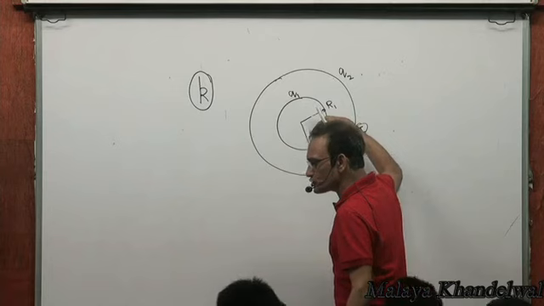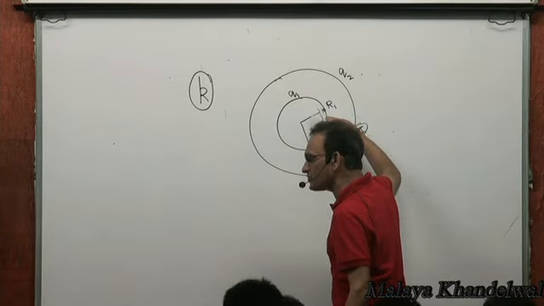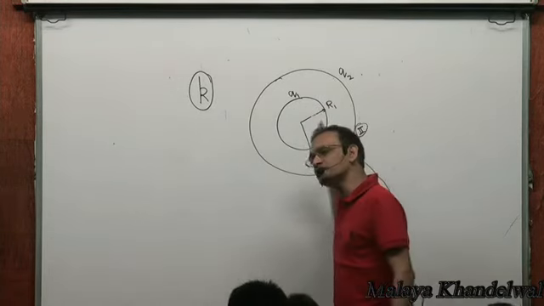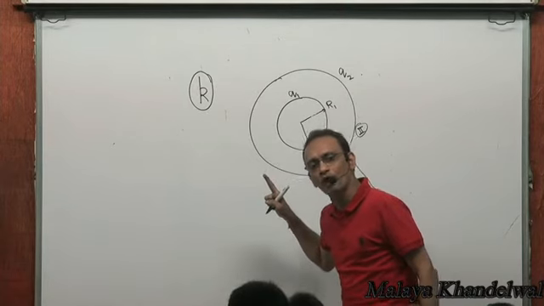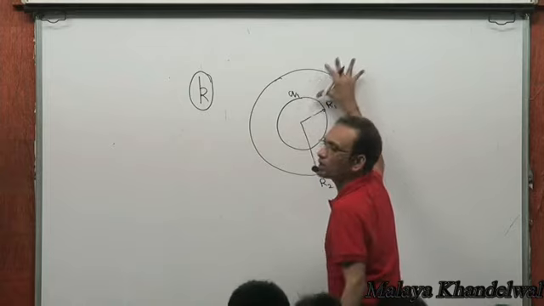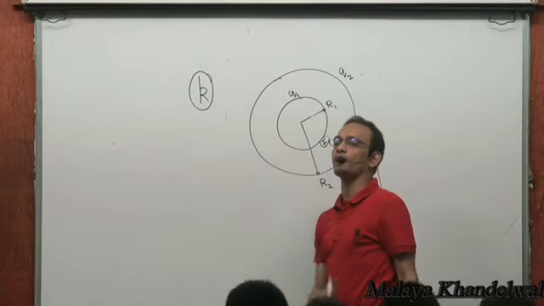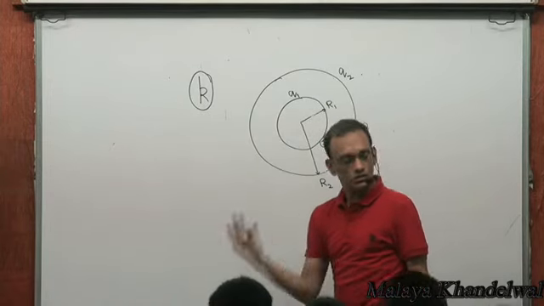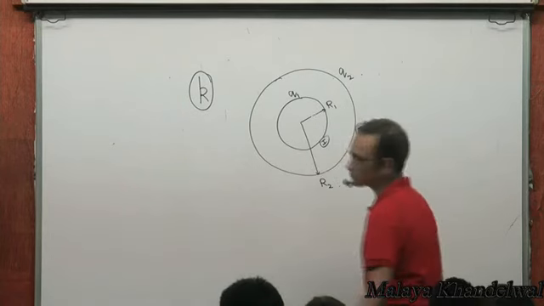As long as the distribution is uniform, it's going to produce the same electric field and potentials in the surrounding regions.